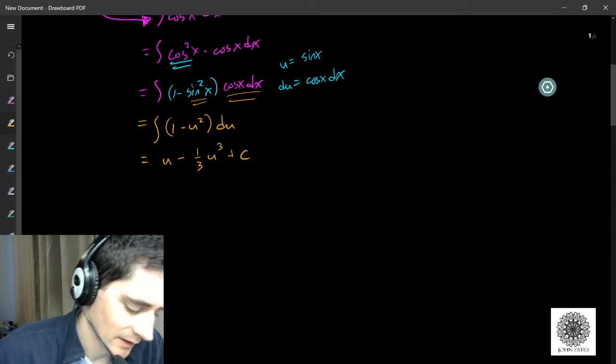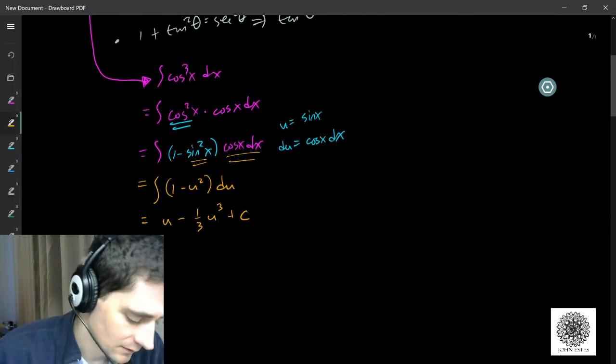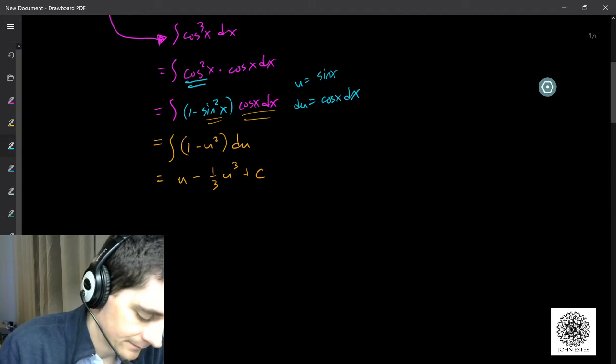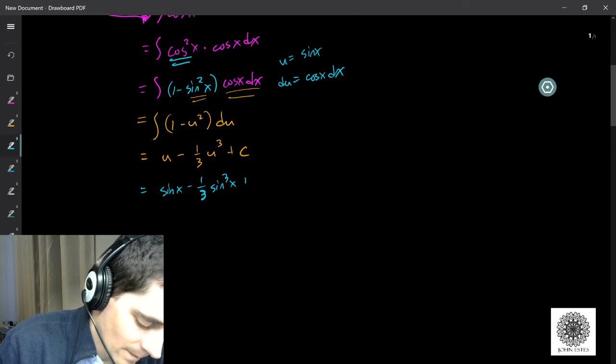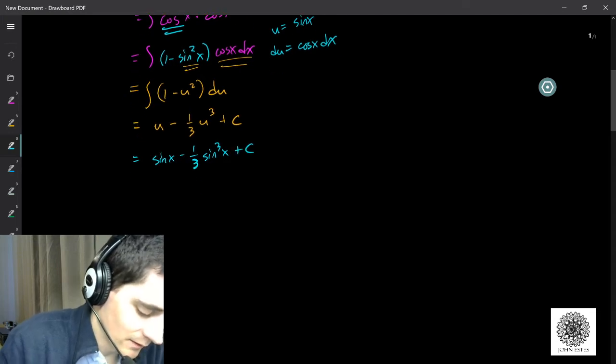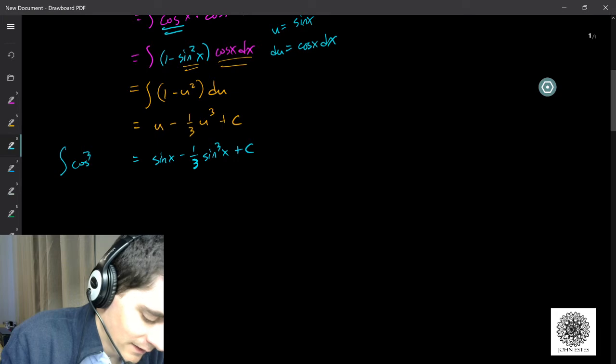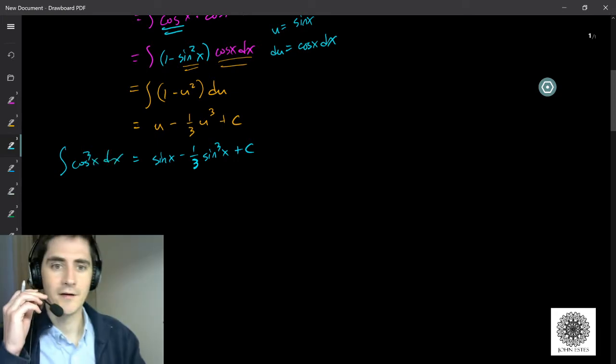And now I can plug it back in using my U substitution. What was u? Sine. So I have sine x minus 1/3 sine cubed x plus c. And that is what the integral of cosine cubed x dx looks like.